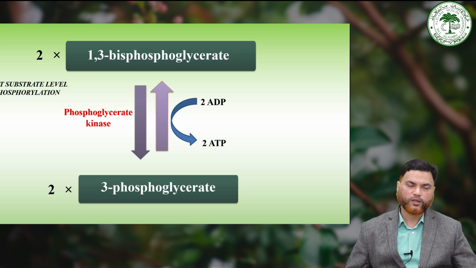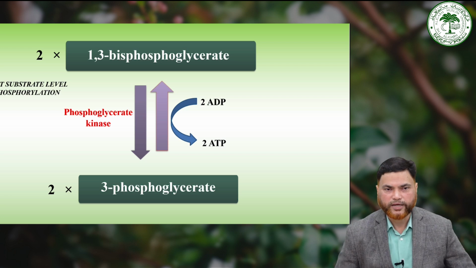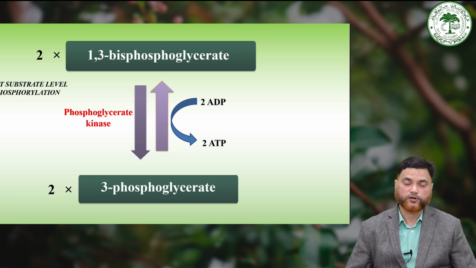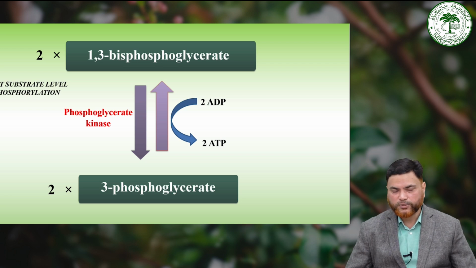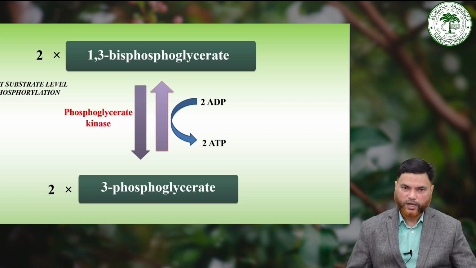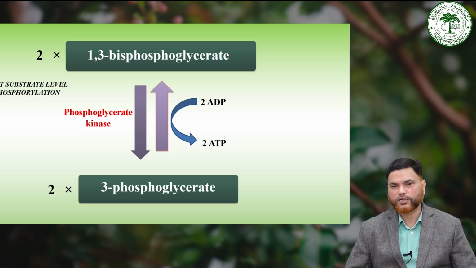You see that this substrate, 1,3-bisphosphoglycerate, has higher phosphoryl group transfer potential than ATP, and the rest of the intermediates, which could not donate their phosphate group, have lower phosphoryl group transfer potential than ATP. One interesting thing I would like to share at this juncture is that the phosphoryl group transfer potential of ADP lies somewhere in the middle of the other intermediates.